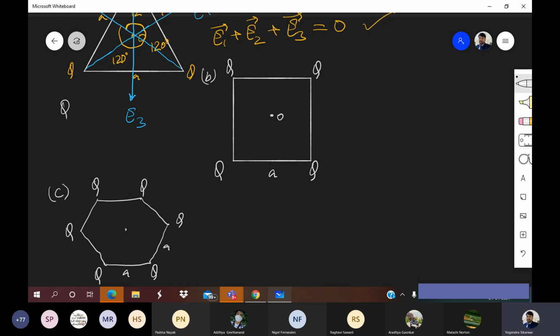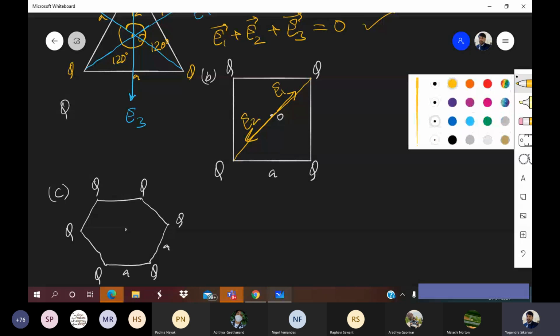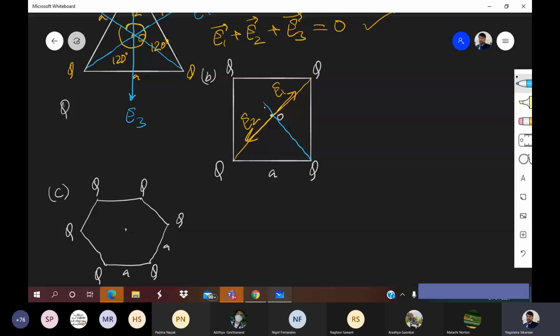So pay attention. In B part, electric field due to this is, let's say, E1. Electric field due to this, let's say it is E2. Electric field due to this, let's say it is E3. Electric field due to this, let's say it is E4.